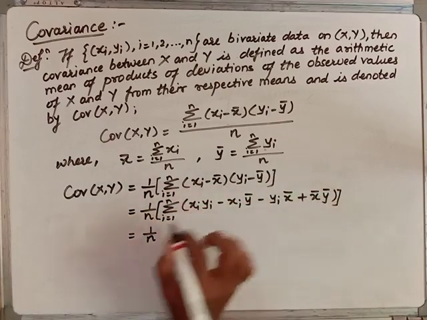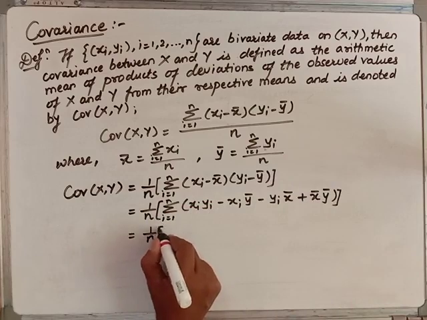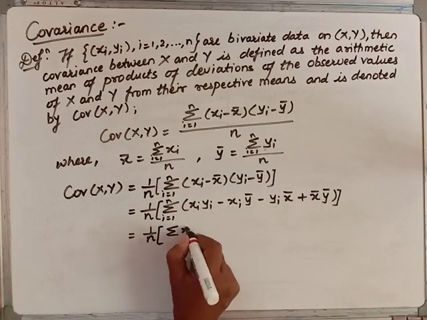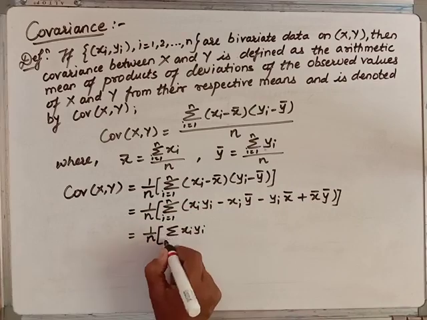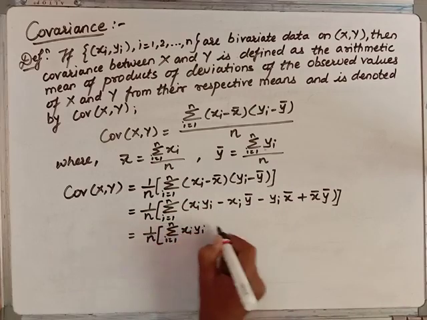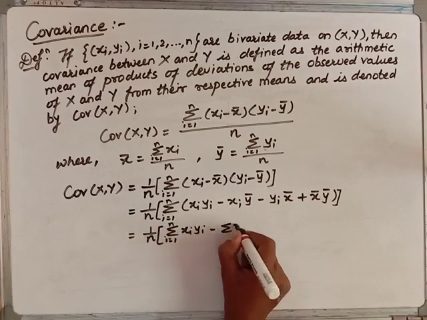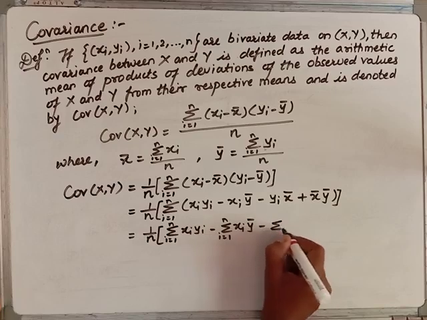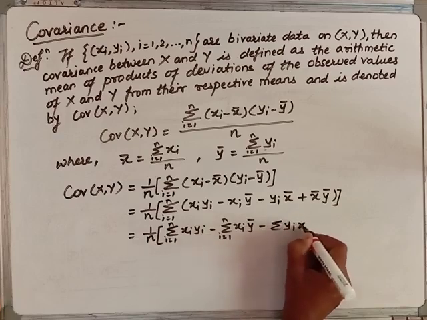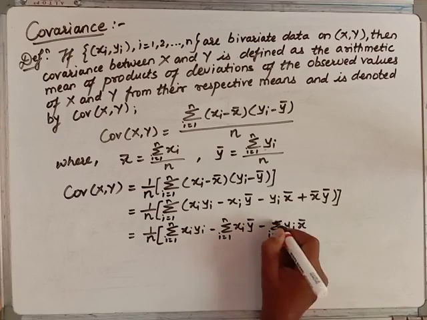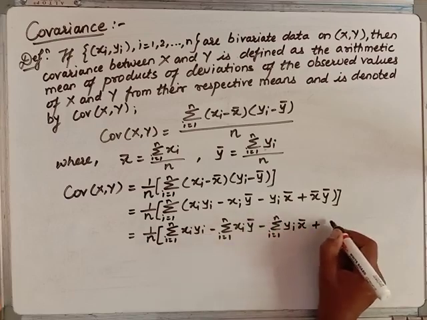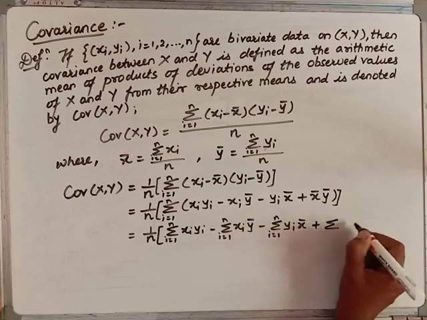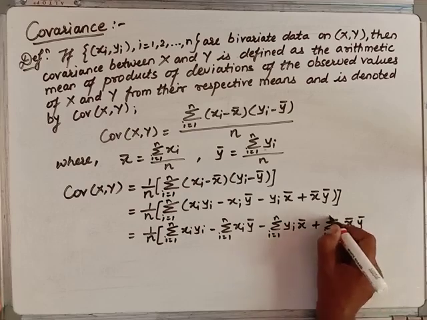So I can write it as summation xi yi, i goes from 1 to n, minus summation xi y bar, i goes from 1 to n, minus summation yi x bar, i goes from 1 to n, plus summation x bar y bar, i goes from 1 to n.